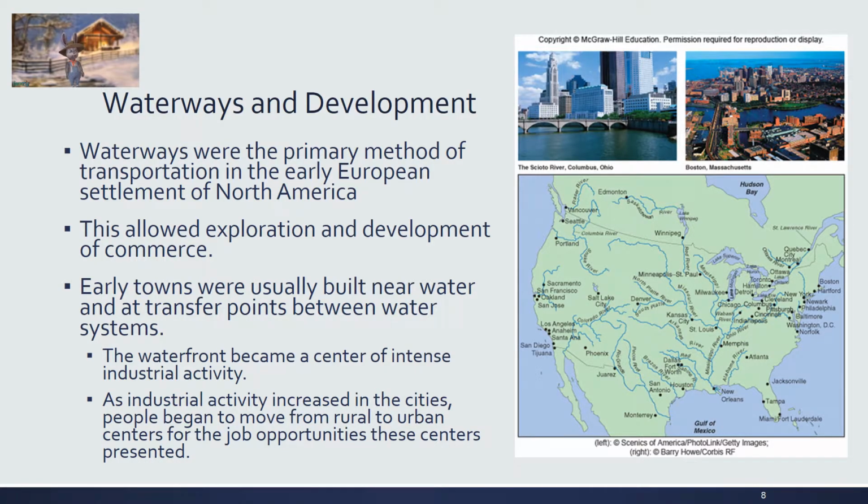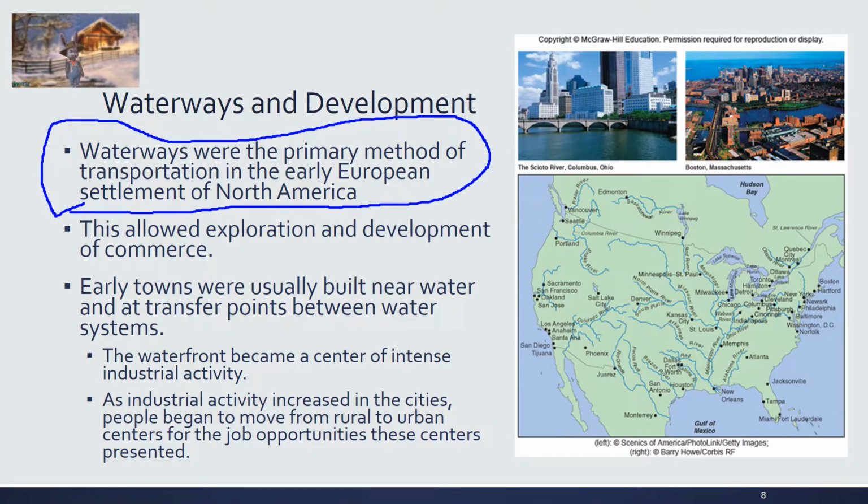Now, the history of most of the world was based on people finding waterways and traveling around waterways. And this became particularly important when people started settling and doing trade. They discovered that trade was best done by water.